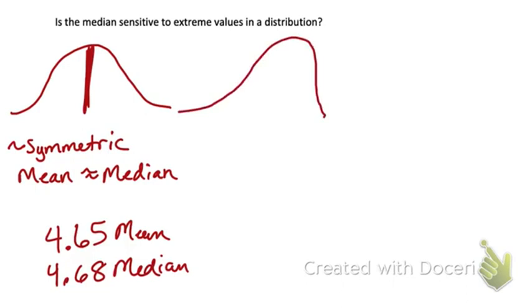Here's a left skewed distribution. Now, where's the median in a left skewed distribution? It's going to be close to the peak. I'm not saying it's the exact peak, but it's going to be pretty close to the peak. So the median is going to be fairly close to your peak.